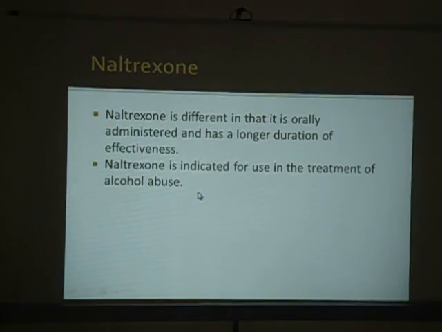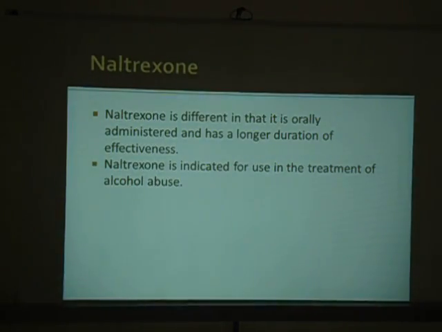Naltrexone is tried. Do you remember some of the drugs which can be used for alcohol abuse? Disulfiram, very good. It acts by inhibiting the enzyme aldehyde dehydrogenase. Which is the alcohol dehydrogenase inhibitor?